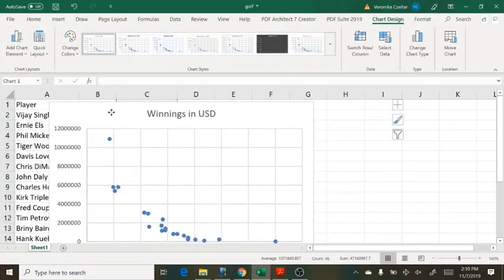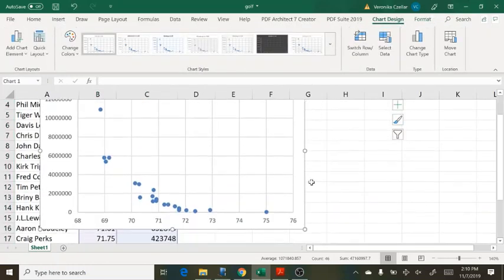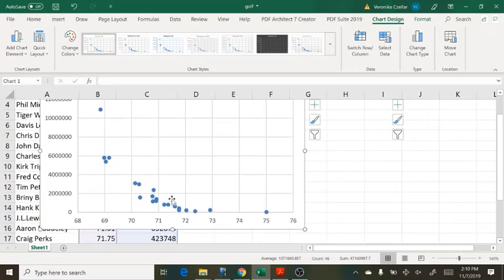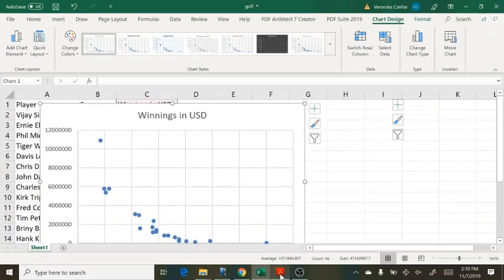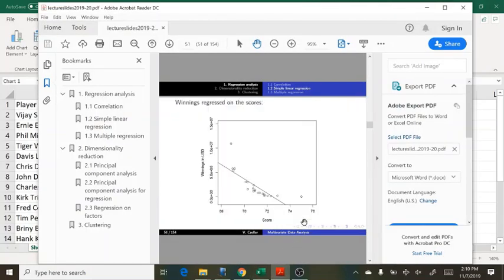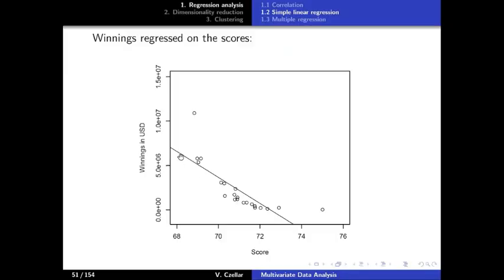If you draw a scatter plot, this is what you see. It's also a kind of nonlinear relationship, but you can try to force a linear one. Nobody forbids us from doing so. And if we close our eyes, this is what we obtain when doing simple linear regression.